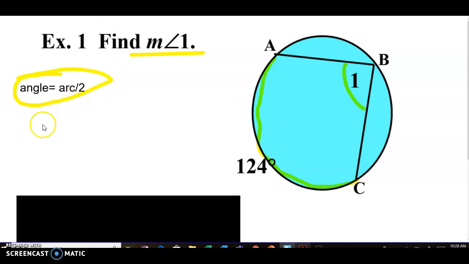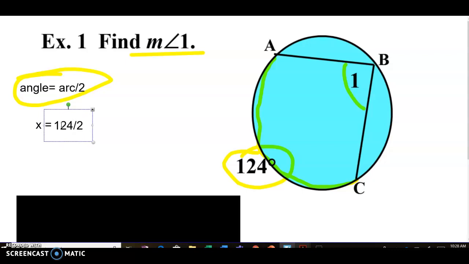So I'm looking for the measure of angle 1, so I'm just going to use x right now. And that's equal to my arc. Well, my arc measurement is right here, 124 degrees. That means from A to C is 124 degrees. So I'm going to type that in, 124, because that's the measure of my arc, and I'm going to divide that by 2.